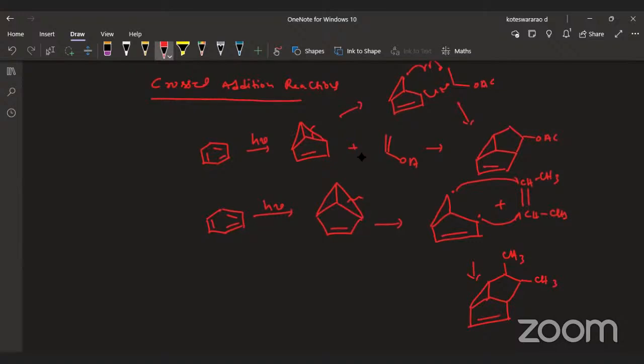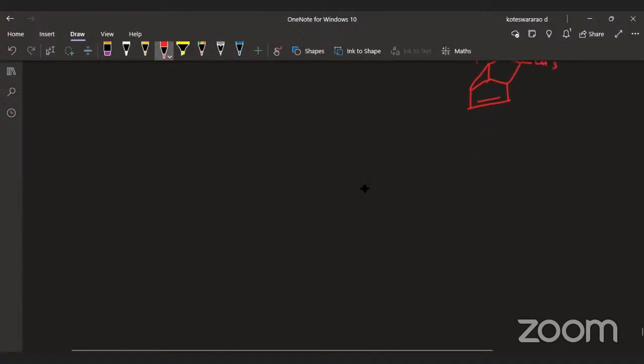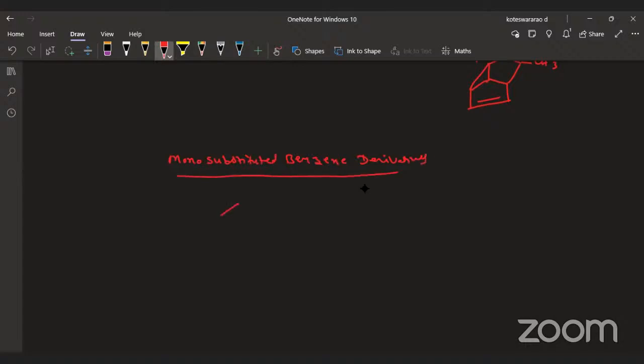Similarly, if it is a monosubstituted benzene, in the case of monosubstituted benzenes involved in this cross-reaction, you take anisole, it is OCH3.